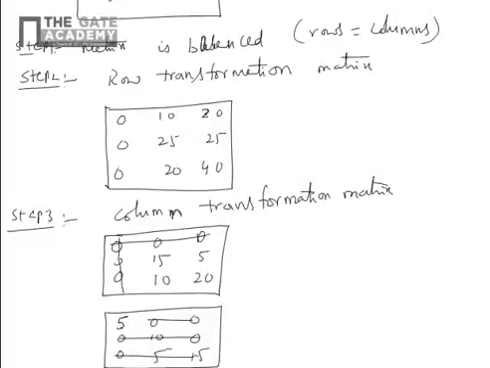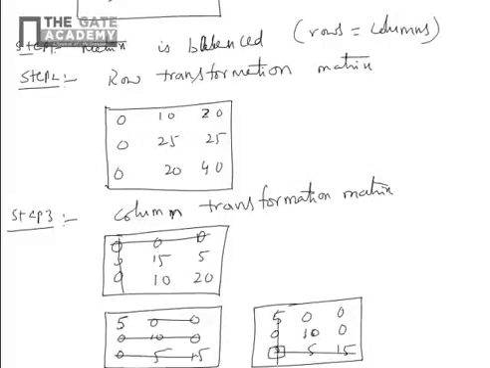Now find the optimal allocation. For optimal allocation, select any row or column where the minimum zeros are available. The minimum zeros are available in the last row, so select that and cancel it. This is one allocation, this is another allocation, and this one is another allocation.